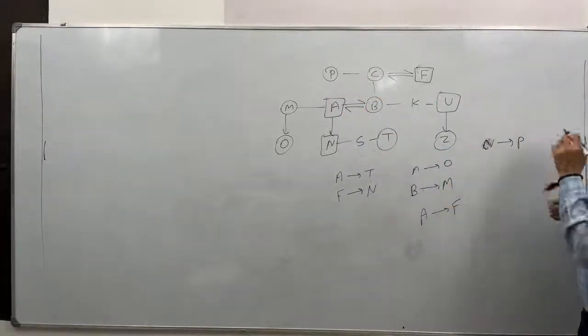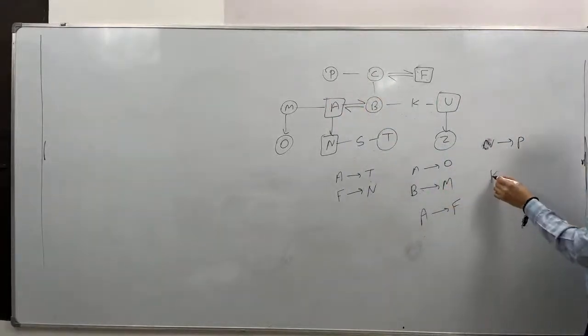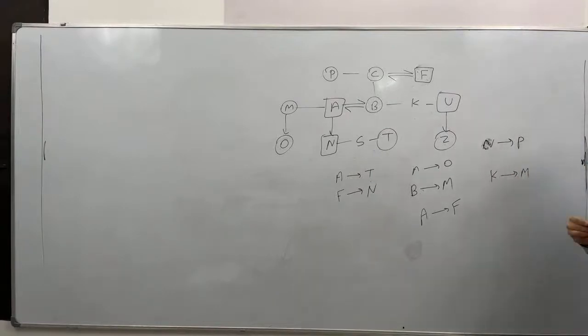Clear? Next, if I ask you, who is K for M? K for M. Try K. Because the gender of K is not known to us, it means there are two possibilities. Either it is male, first of all, consider it as a male. Then you have to consider it as female. Uncle-in-law.